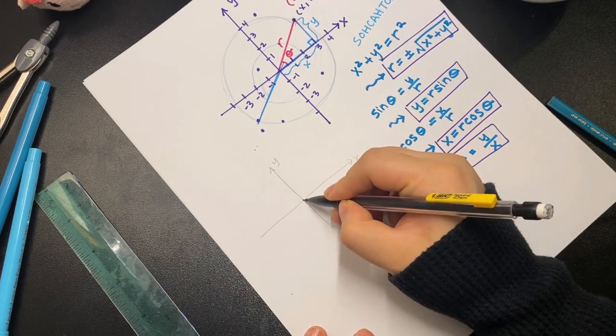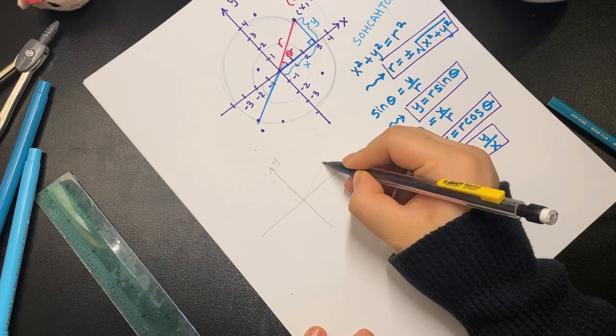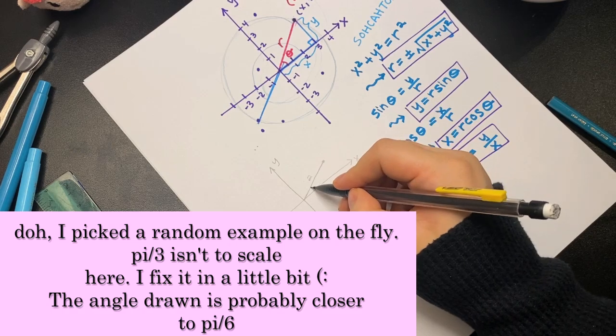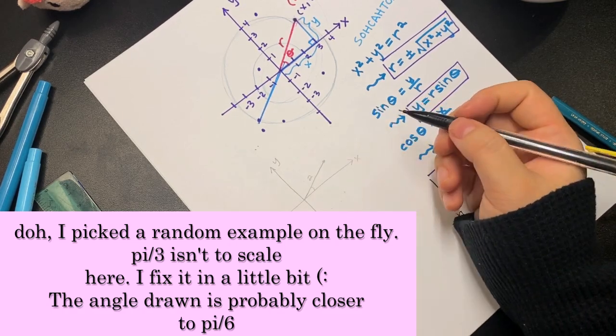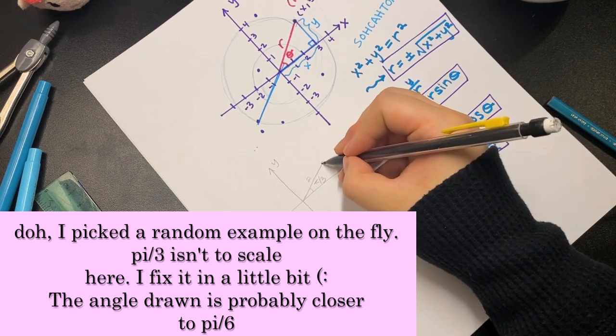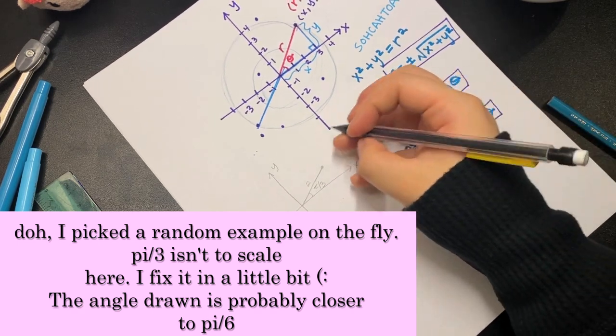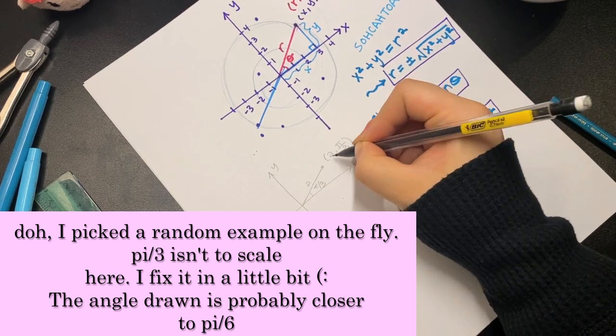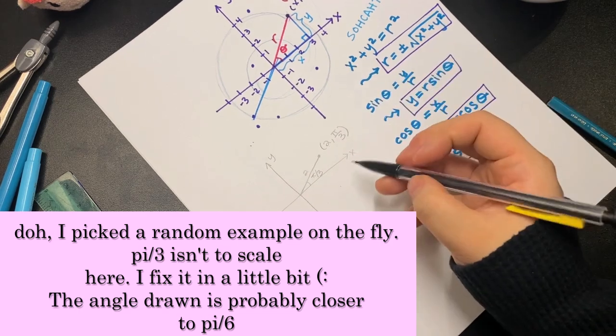So let's say we have 2, so we know that this is a length of 2 now. And this angle, I guess it looks like a pi over 3 to me. That's good enough. So let's say in polar coordinates we have 2 comma pi over 3. So it's our r and our theta.